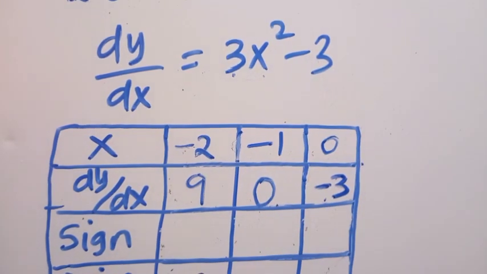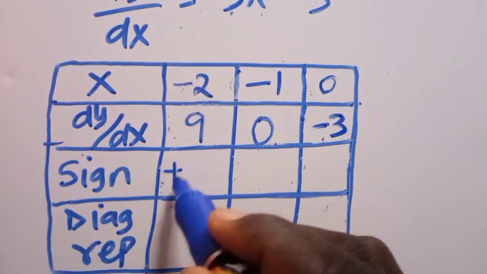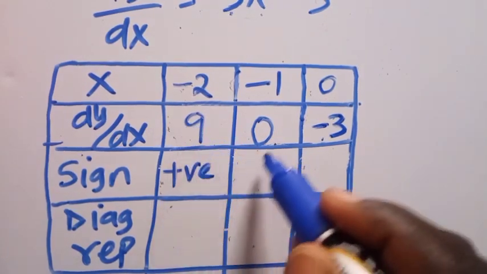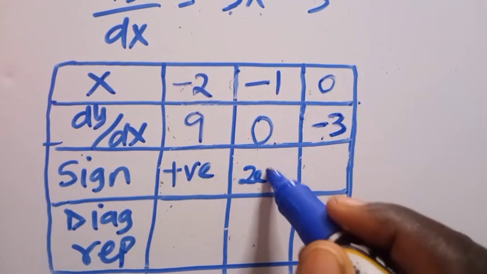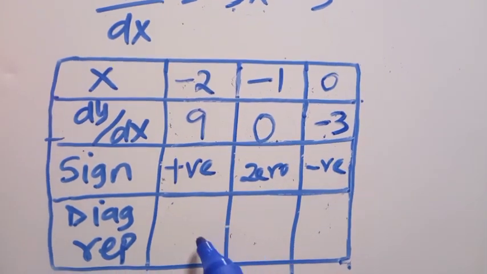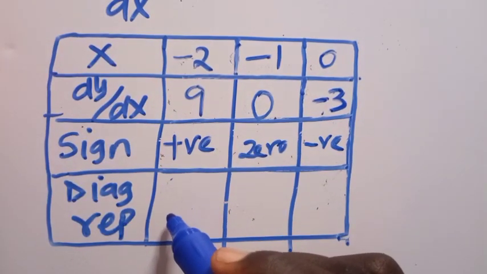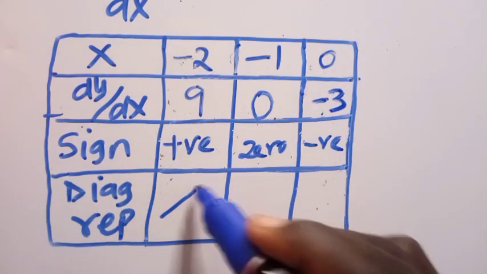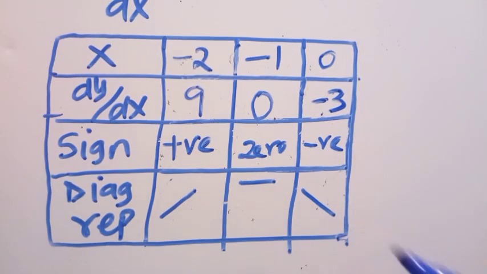Now in this case, the sign at this point is positive because we have positive 9. This point is 0. Then at this point, it is negative.